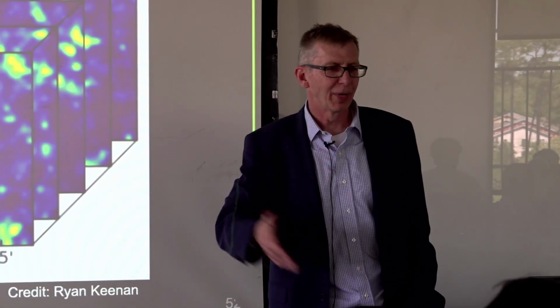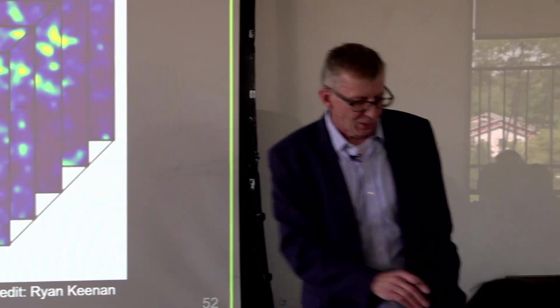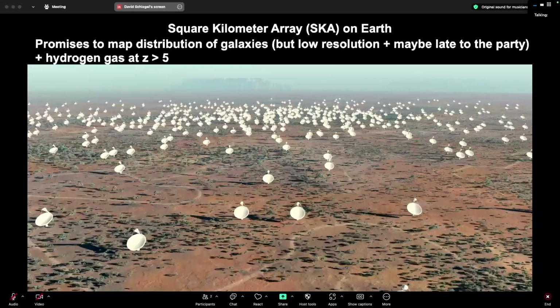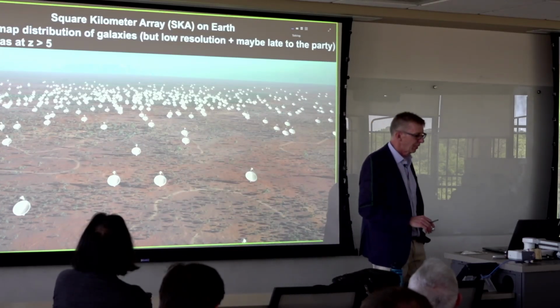CHIME is actually operating at the same redshifts as these other projects. But eventually, you can build these things where you can map out at higher redshifts. And so this is what this Square Kilometre Array, which hasn't been built yet, so this is an artist's rendition. There have been pilots of this project built.